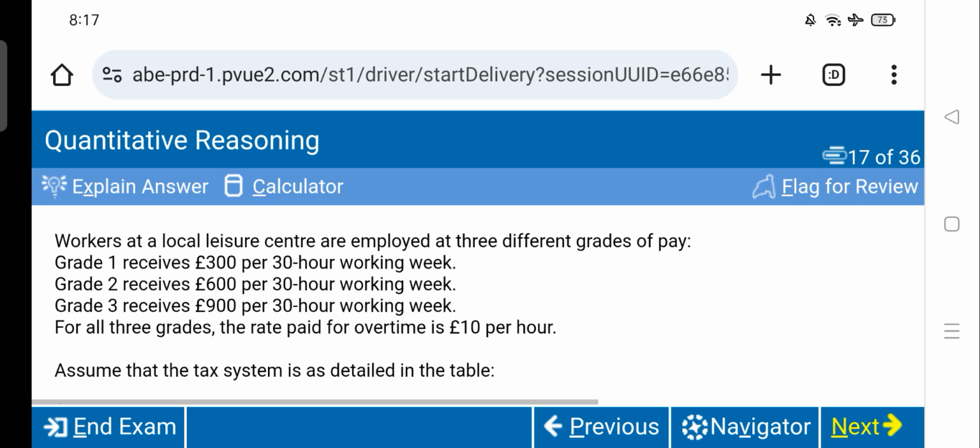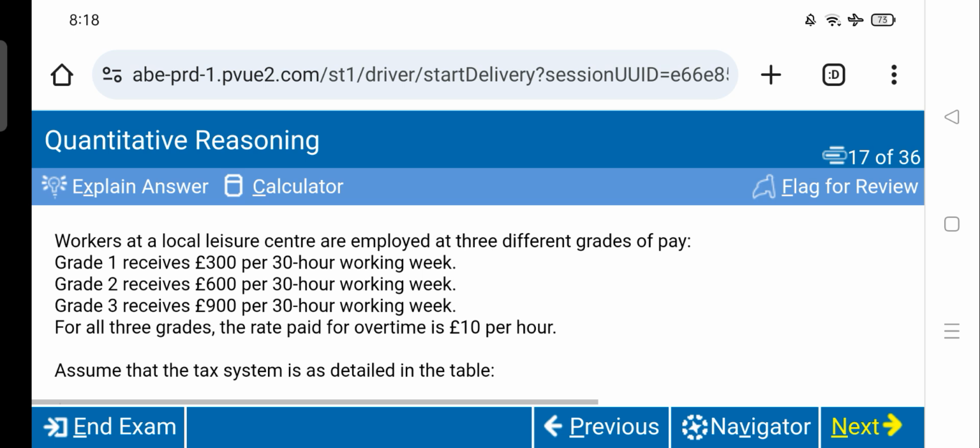Next question we have, that is question number 17. Workers at a local leisure center are employed at 3 different grades of pay. Grade 1 receives £300 per 30-hour working week. Grade 2 receives £600 per 30-hour working week.